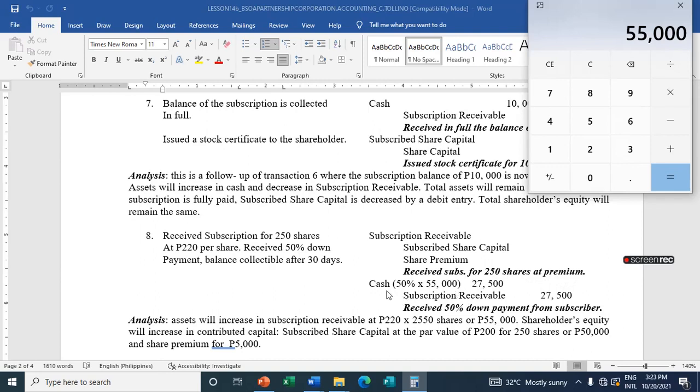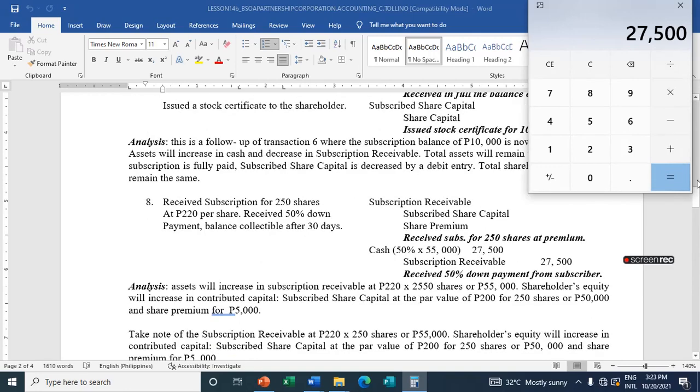Now, nag-cash na siya ng 50%, so i-divide by 2 natin. So, 27,500. So, cash, 50% of 55,000 is 27,500 and subscription receivable is 27,500. So, receive 50% down payment from subscriber.